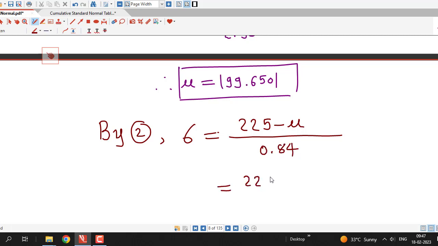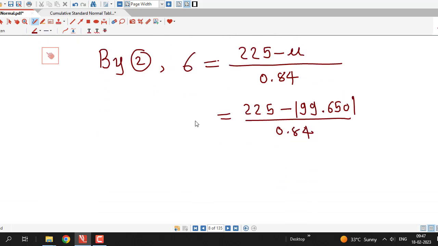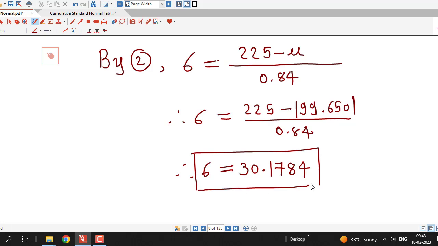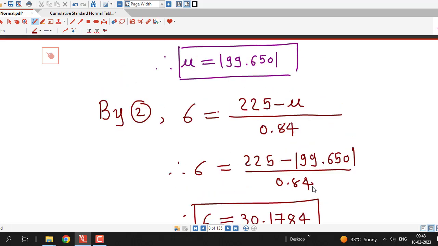We have obtained the value of mean, which is 199.6501, and if I use my scientific calculator to find out this difference and divided by 0.84, I obtain the standard deviation as 30.1784. This is the standard deviation of given normal distribution.